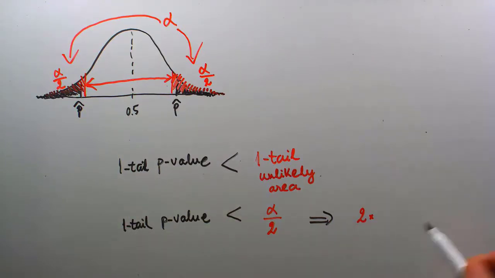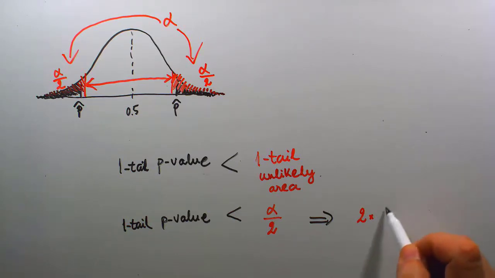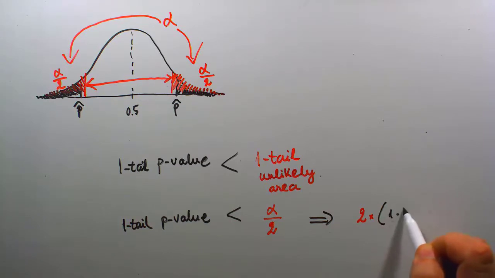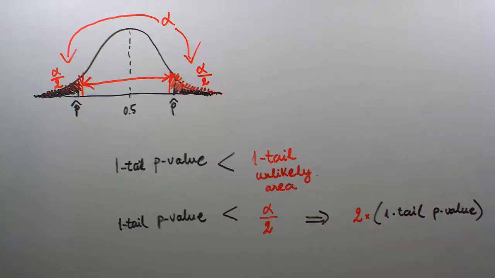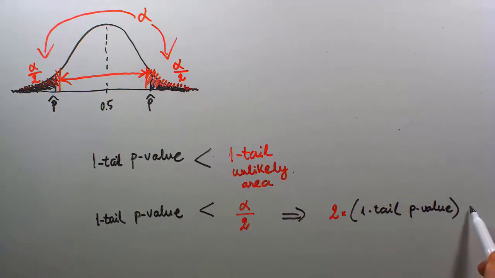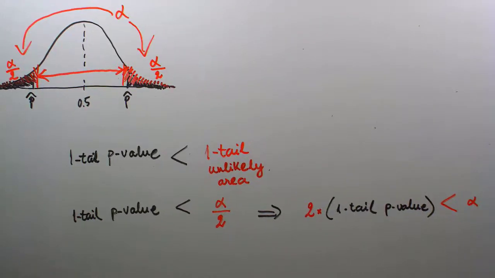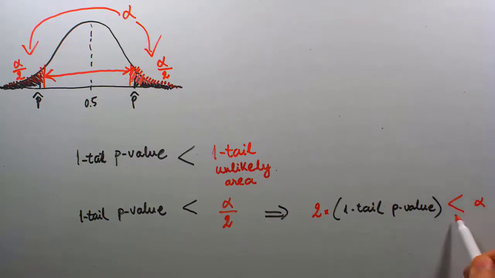So now all we do is double the one-tail p-value, and then we have a value that we can compare with the actual alpha, either being less than the actual two-tail significance level, or being greater than the actual two-tail significance level.